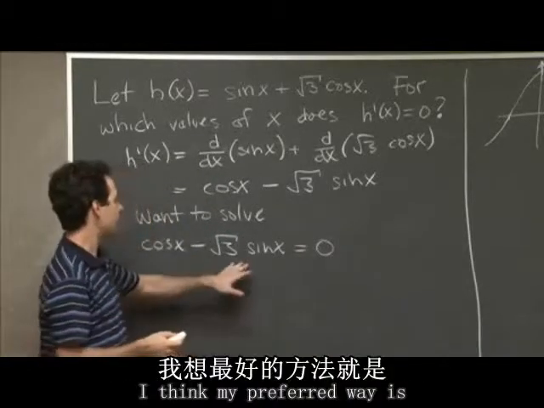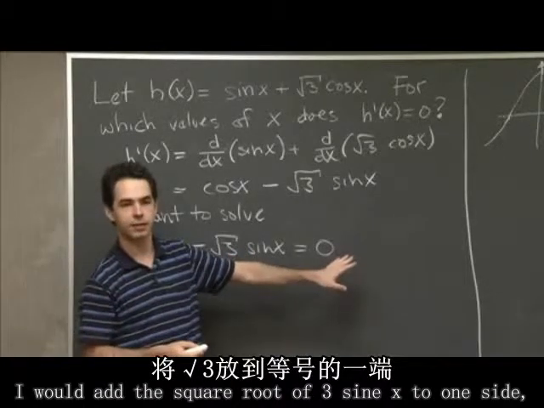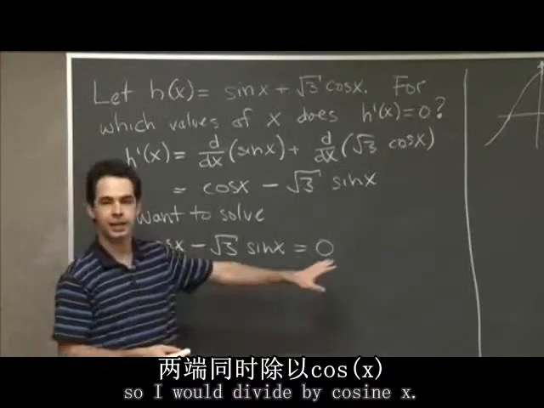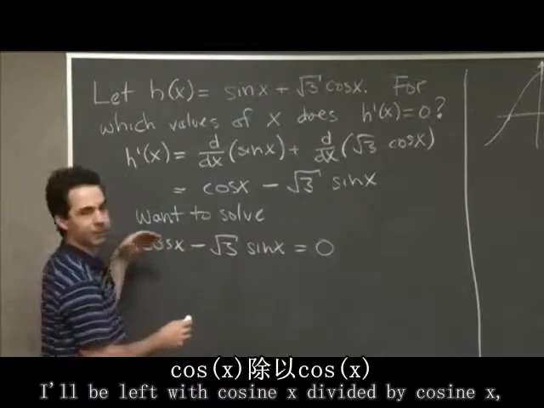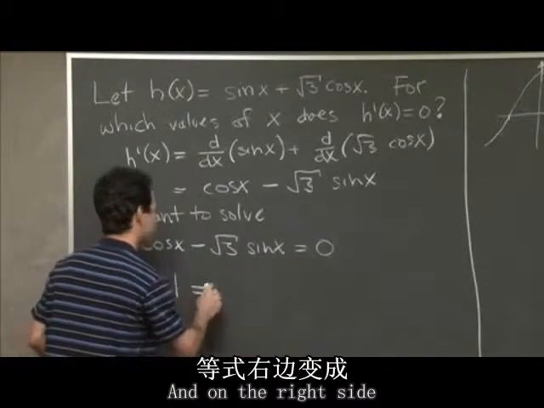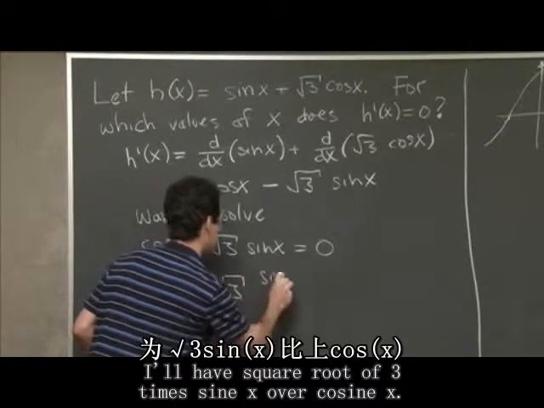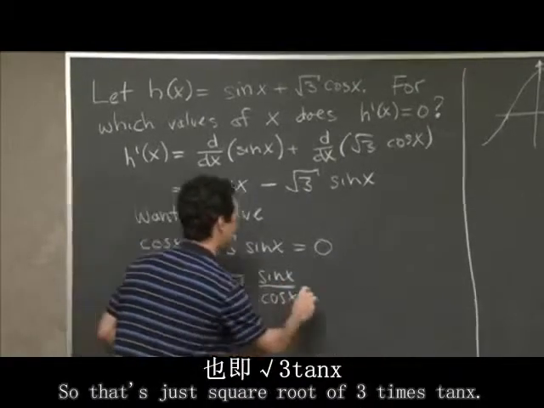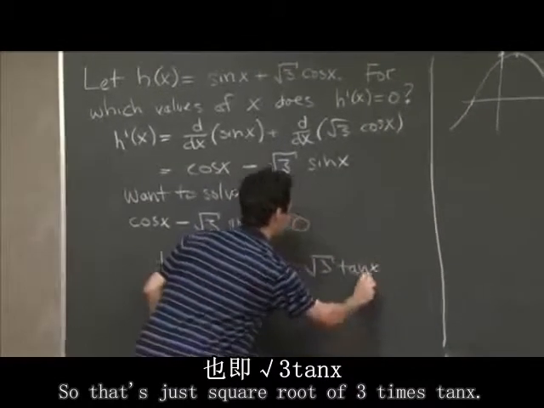My preferred way is to add the square root of 3 sine x to one side, and then get my x's together by dividing by cosine x. On the left side, I'll be left with cosine x divided by cosine x, so that's just 1. And on the right side, I'll have square root of 3 times sine x over cosine x, so that's just square root of 3 times tan x.